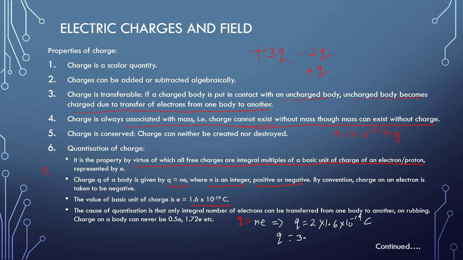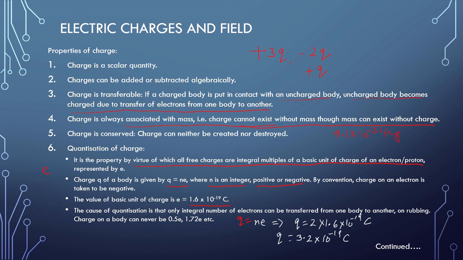That is Q is equal to 3.2 into 10 to the power of minus 19 coulomb. So the total charge transferred is 3.2 into 10 to the power of minus 19 coulomb.